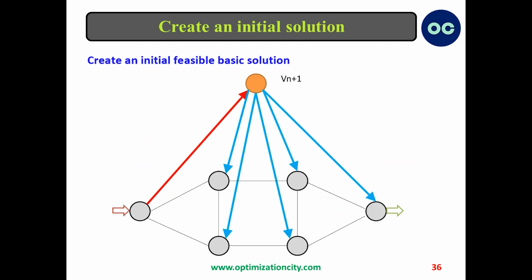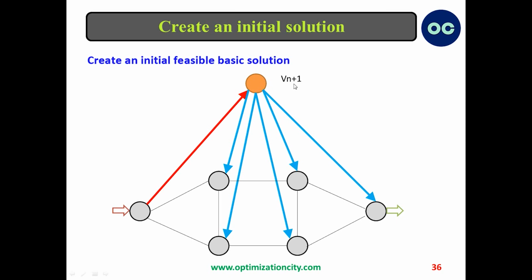155. To create an initial feasible basic solution, we can use a method when it's challenging to find such a solution, especially for a large network. This method includes introducing an additional node called V sub n plus 1.